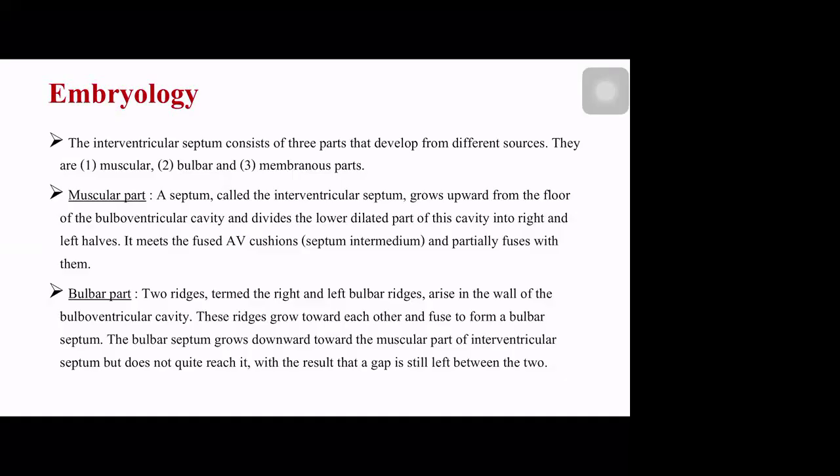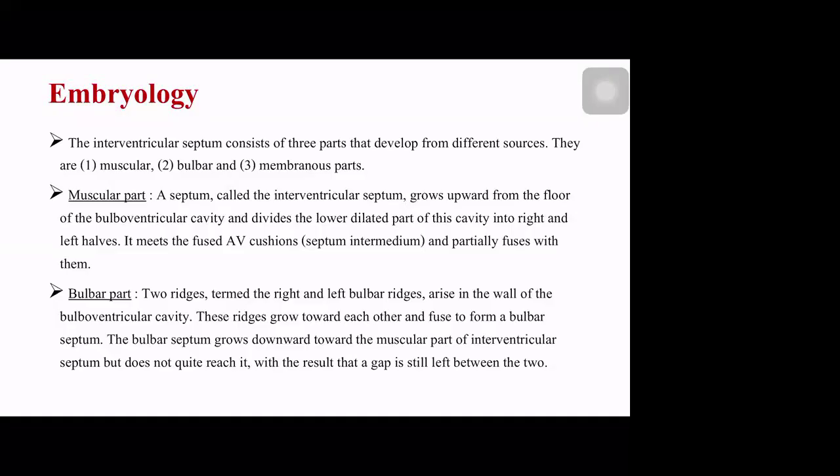To start with embryology, the interventricular septum consists of three parts that develop from different sources: the muscular part, the bulbar part, and the membranous part. These parts come together and form a single uniform interventricular septum.